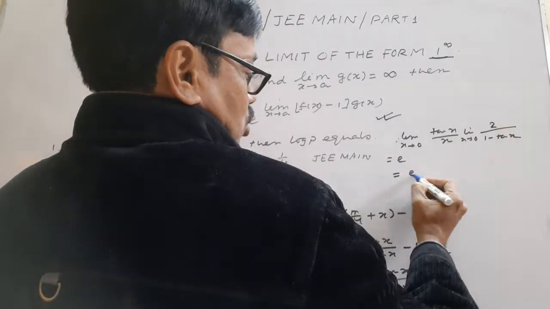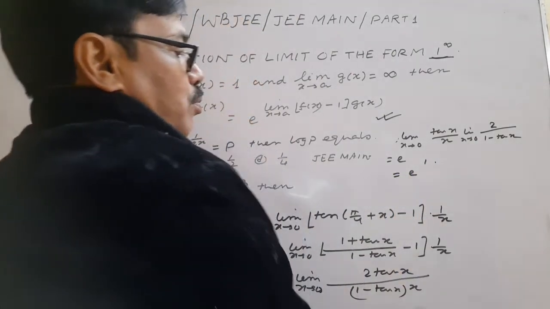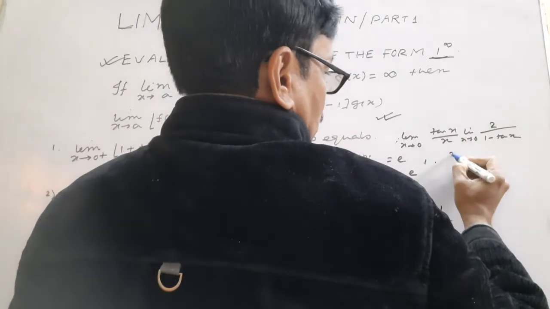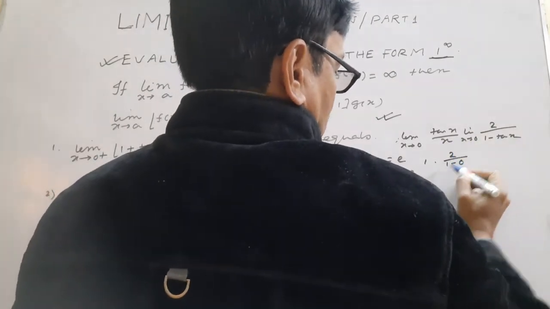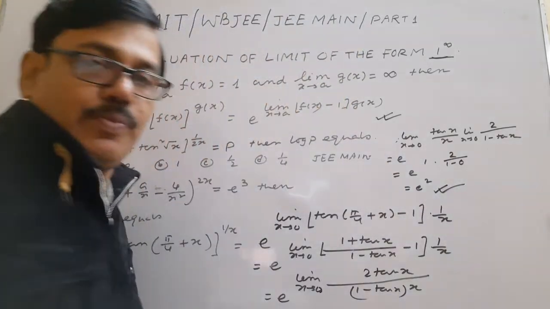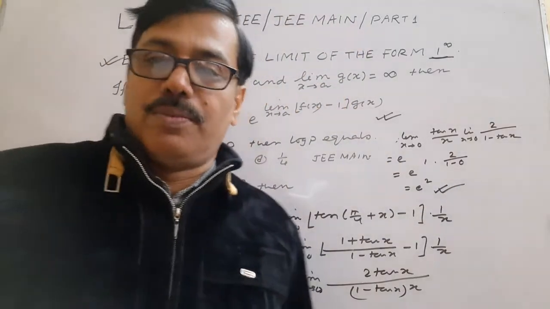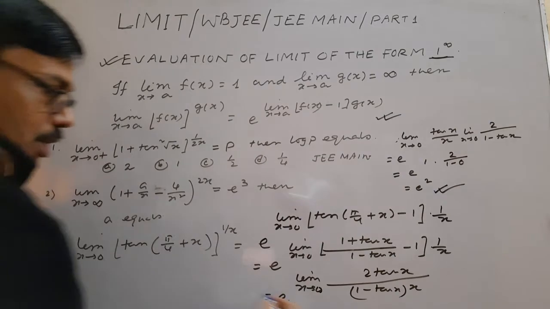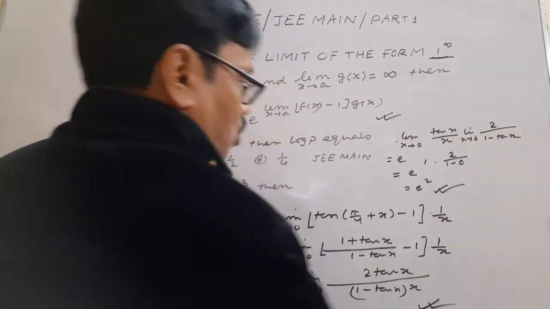Now this is 1, and if we put x equals 0, this is 2 by (1 minus 0). So the value is e to the power 2. So what is the value of the limit? The value of the limit is e squared.